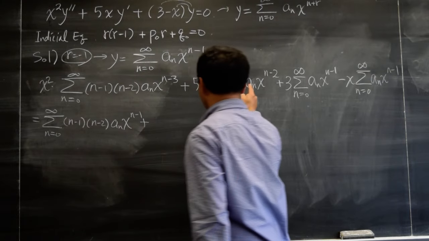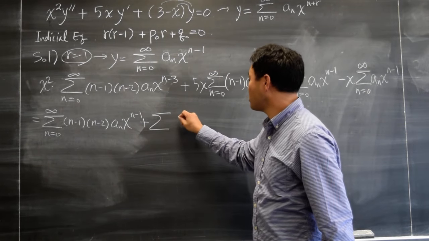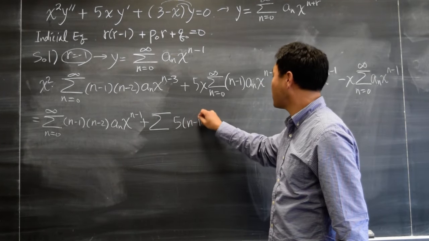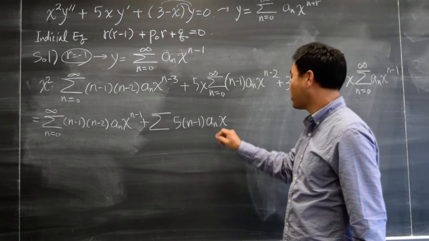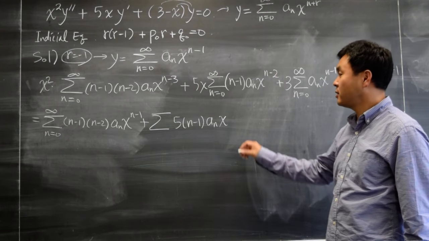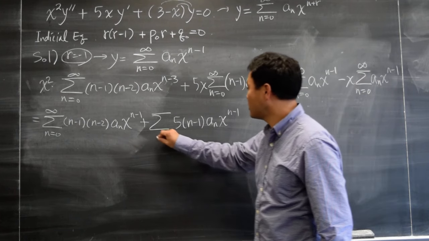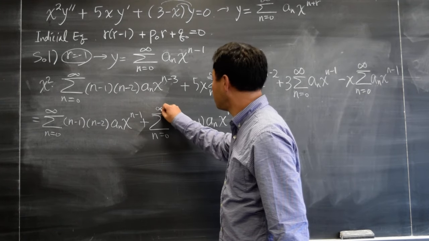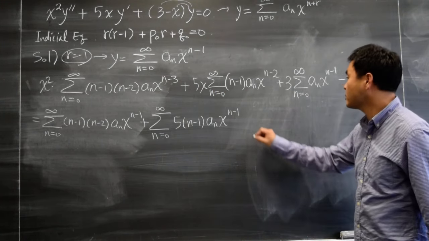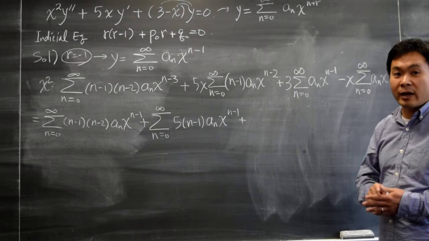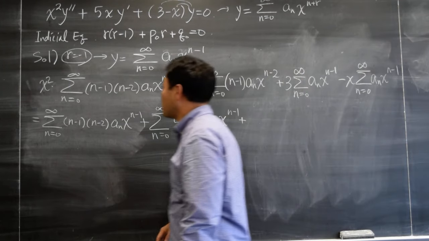How about this one? It should be 5 times (n minus 1) a_n x to the n minus 1. And by the way, I noted this before.